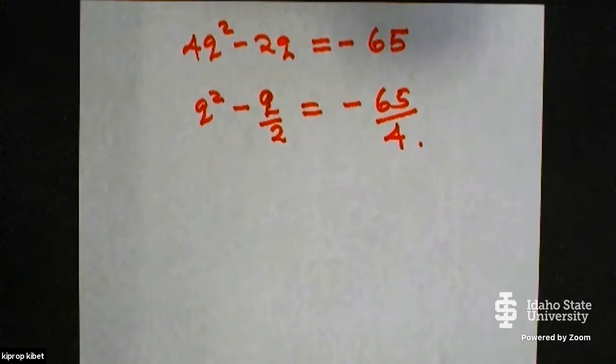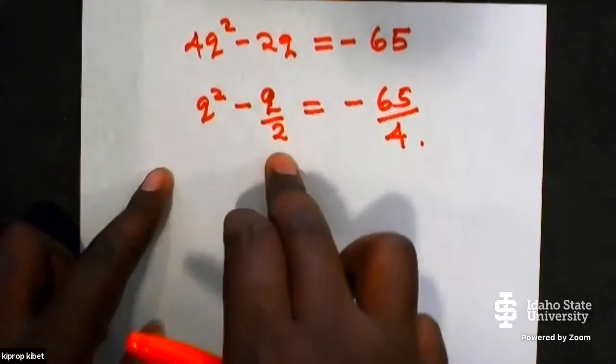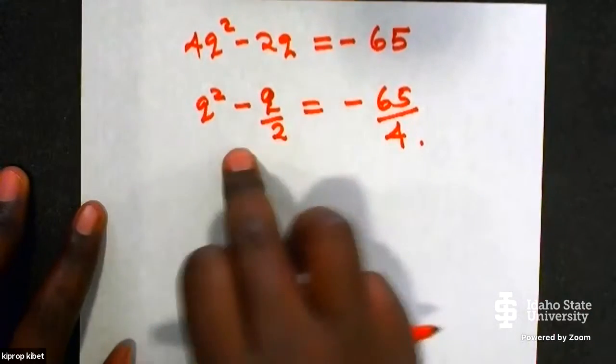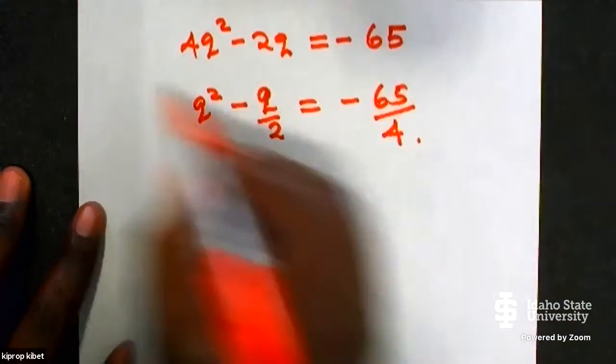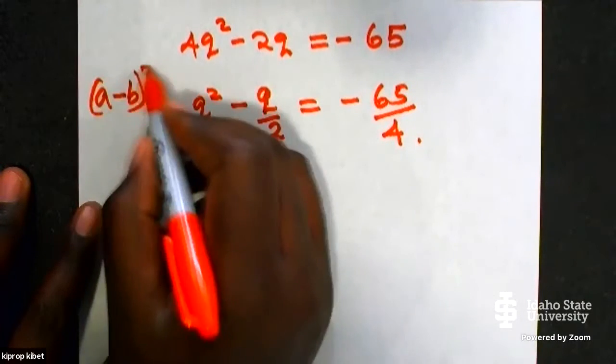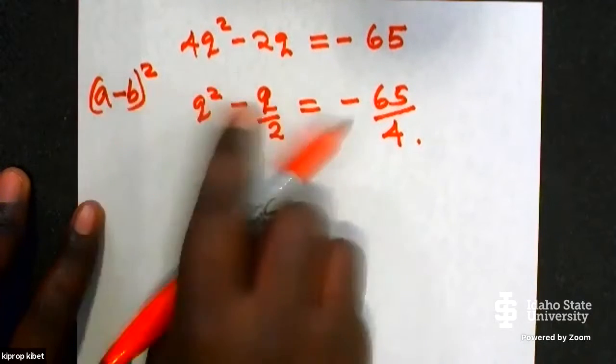So what is our next step? Our next step is completing the square here. This is in the form a minus b squared because of the minus here.